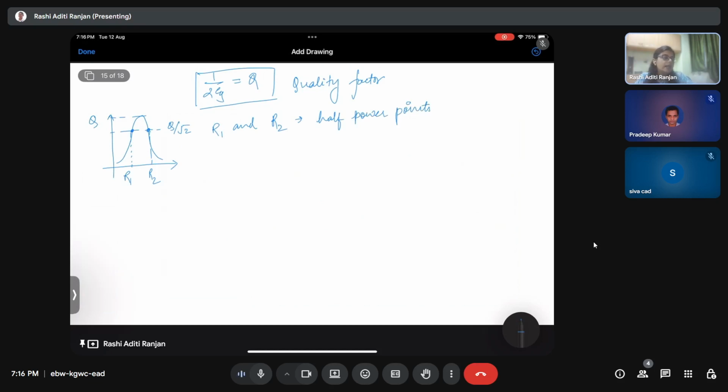Okay. And if I want to find out the values of R1 and R2 corresponding to when Q is Q by under root 2, what do I have? I have the equation of the transmissibility ratio, right?